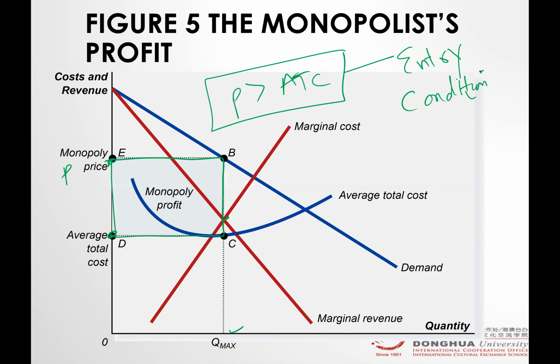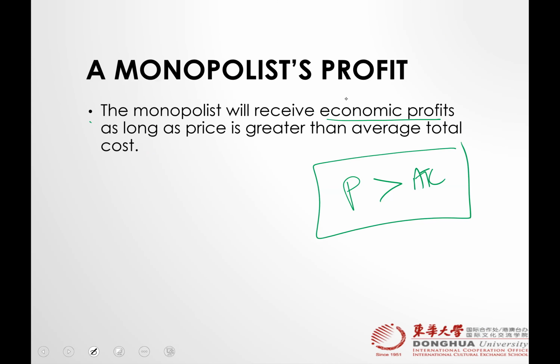When other firms see that price is greater than average total cost, they enter the market. But because this is monopoly and we have an entry barrier, price will remain greater than average total cost. It means monopolists enjoy greater economic profits.